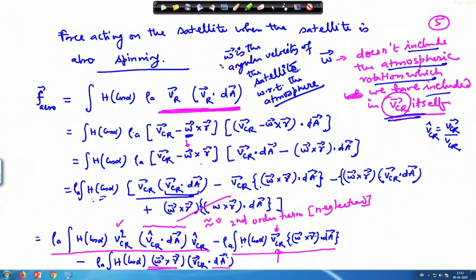This part is important here. Omega is the angular velocity of the satellite with respect to the atmosphere, and that will decide at what speed the particles come and strike the surface of the satellite. So, this is an important part to mark.